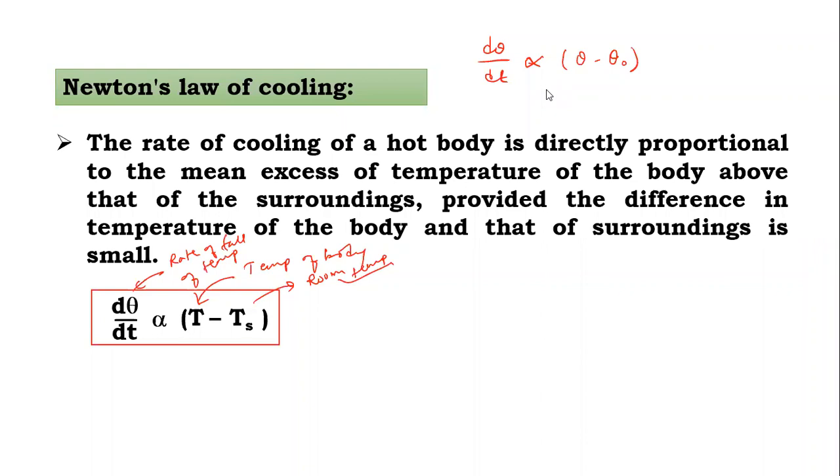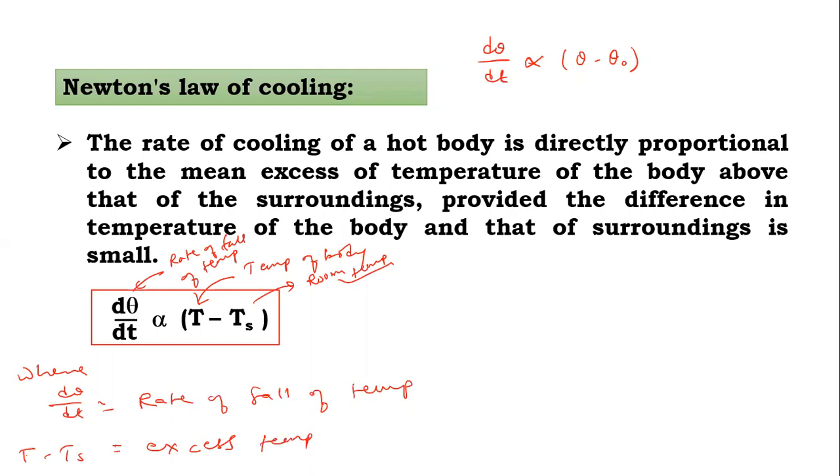So we can write rate of fall of temperature is directly proportional to, in another way, d theta by dt, rate of fall of temperature, and T minus Ts. T means temperature of body minus temperature of surrounding. It is the excess temperature over surrounding.